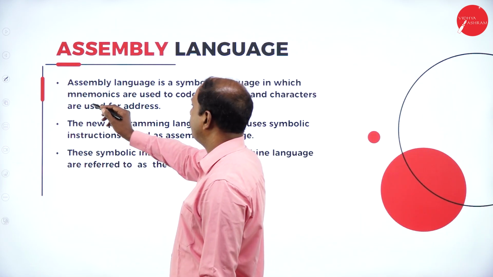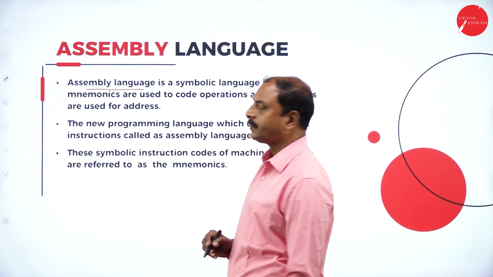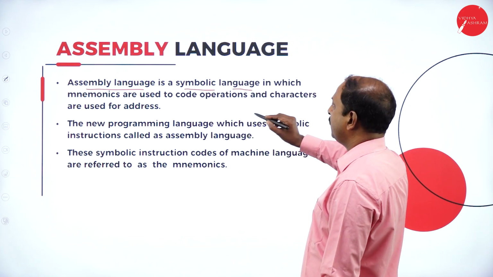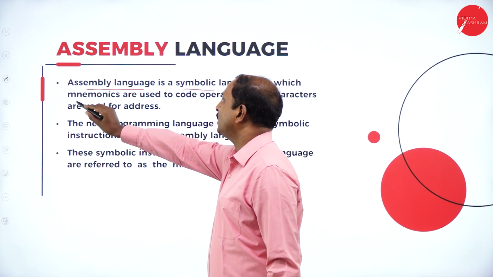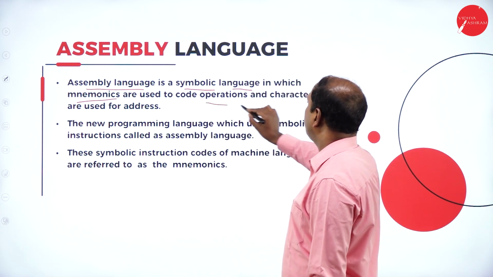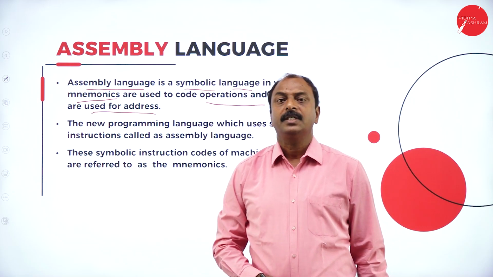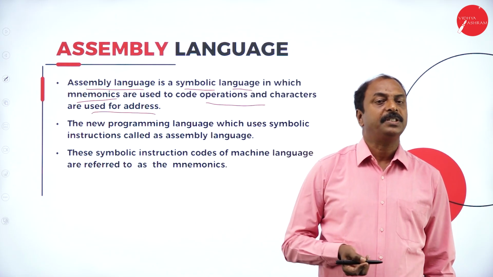Next one is assembly languages. It is a symbolic language in which mnemonics are used to code operations and characters are used for addressing. So this is slightly better as compared to machine level language.